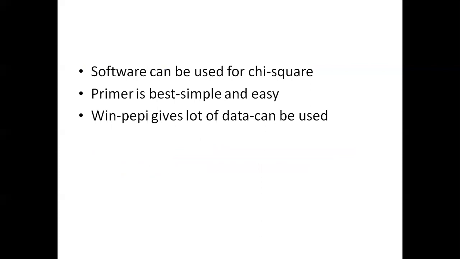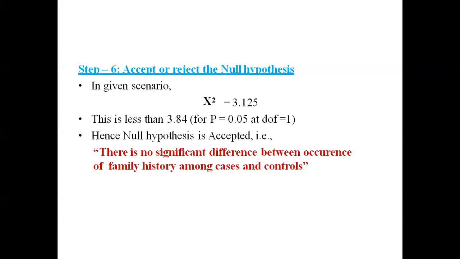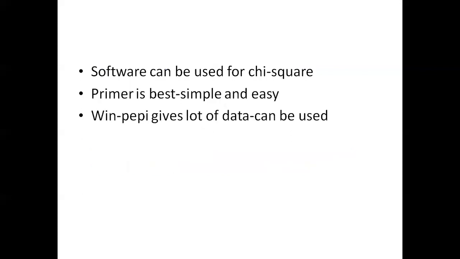I think I am clear till now on how to calculate this. In exams you usually have to calculate, or you are given the calculated value and you should be able to look up the value from the table and interpret it: if our calculated value is less than the table value then we will accept the null hypothesis, and if it is more than that then we will reject the null hypothesis.